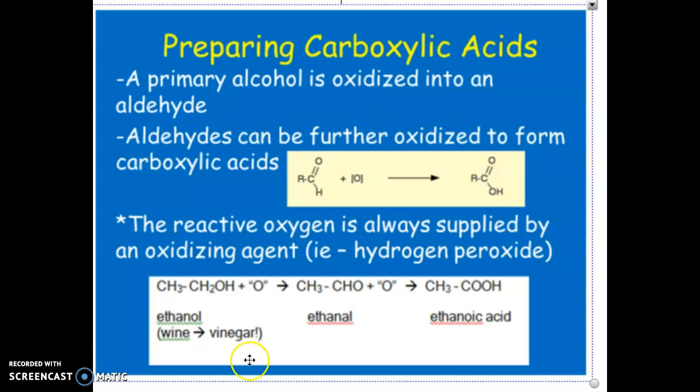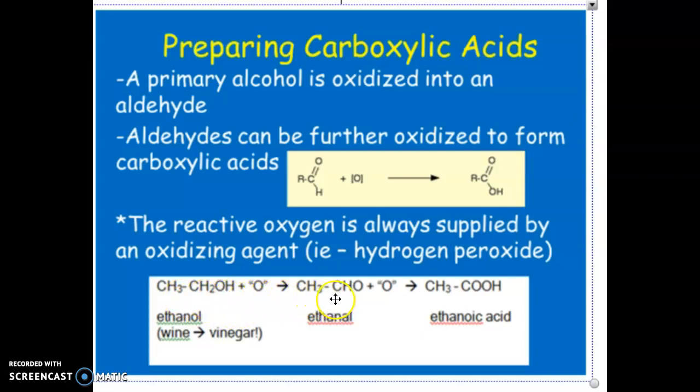For example, here we have a two-step process, and this is actually how they create vinegar from wine. You know how you can get red wine vinegar or white wine vinegar? This is essentially the process. We have ethanol, which is the alcohol portion of wine, and it's oxidized.